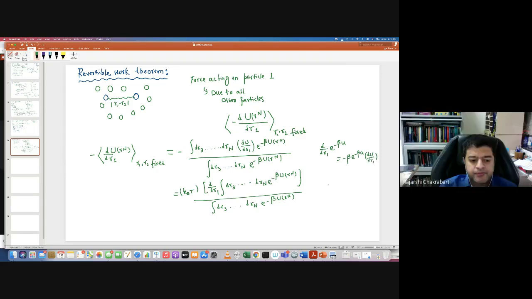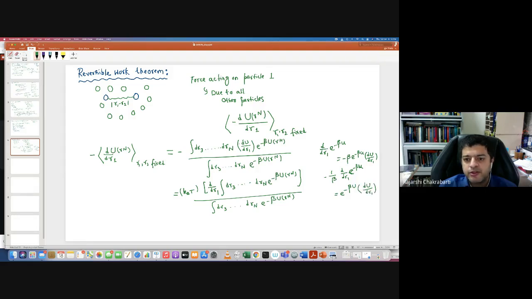So 1 over minus beta into d/dr1 of e to the power minus beta U, where U is capital U, is equal to the derivative of U times e to the power of minus beta U, and this is exactly what I have used here.